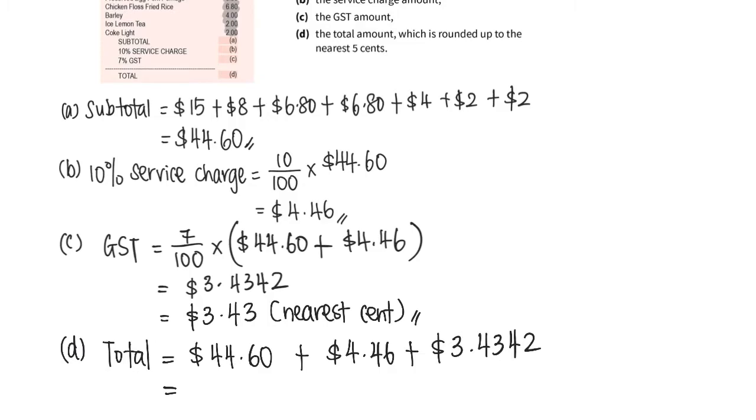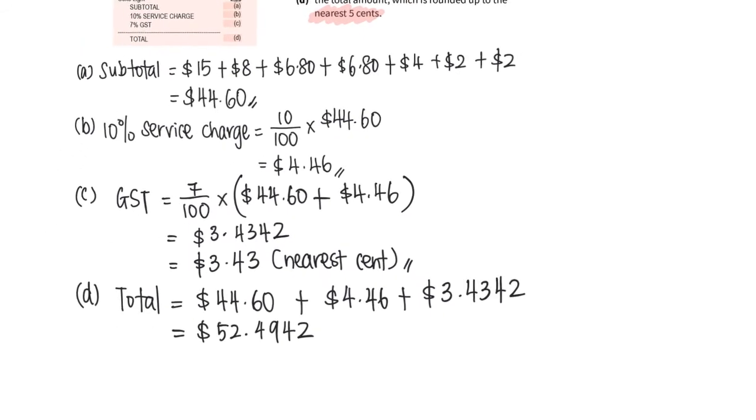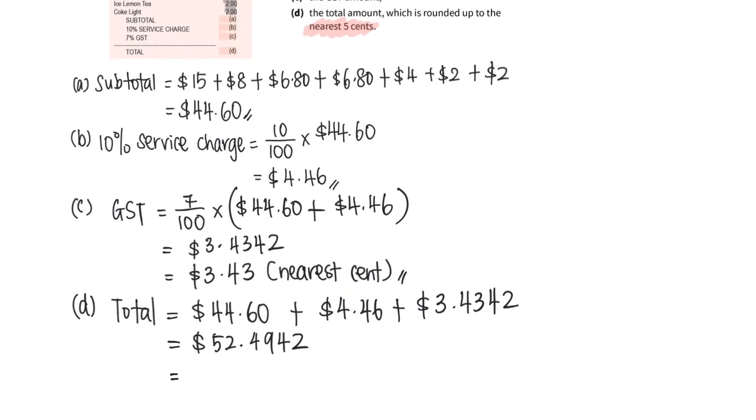Alright, and so this one will give me a value of $52.4942, and this is something to the nearest 5 cents. So I'm going to leave my final answer to the nearest 5 cents.